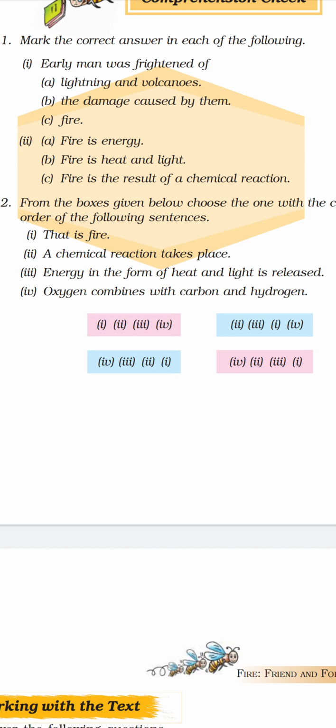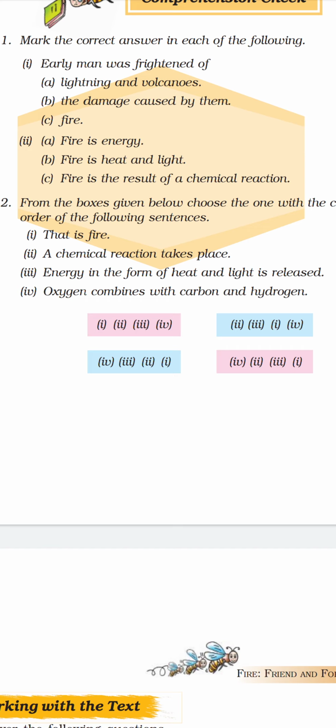The next question is: from the boxes given below, choose the one with the correct order of the following sentences. That is fire. A chemical reaction takes place. Energy in the form of heat and light is released. Oxygen combines with carbon and hydrogen. So here you will have to just arrange them in order.